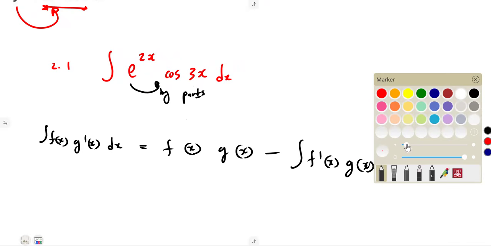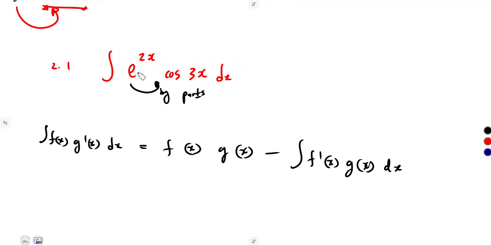But guys, whenever you are dealing with a trigonometric and an exponential like this, you can choose any one there to be your f of x. Because we can differentiate an exponential, remember? We can also integrate it properly without any struggle or any hassle.